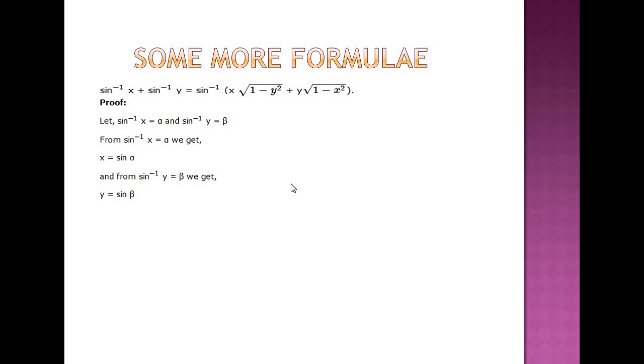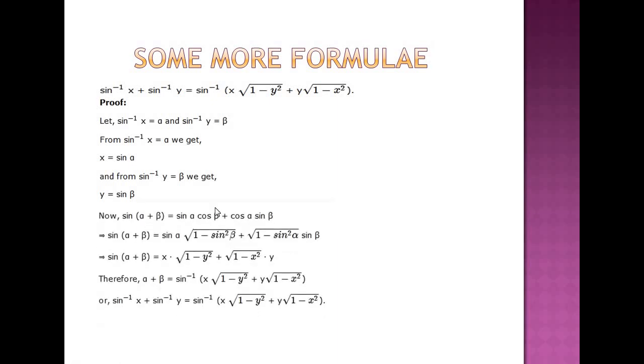But how to prove this? The proof is generally not asked in the examination. This is just for your understanding. You can take sine inverse of x as some alpha, and sine inverse of y equal to beta. So from this you will get x equal to sine alpha and y equal to sine beta, right? Now you know the very famous formula, sine of alpha plus beta is nothing but sine alpha cos beta plus cos alpha sine beta, right?